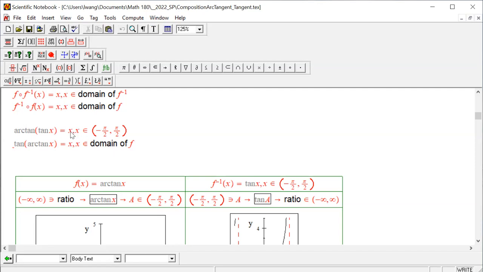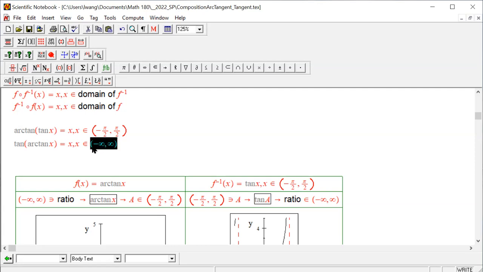So even though they're both called x, they are totally different in meaning. We've been addressing this for sine, cosine, and now it's for tangent. These two properties apply because these two functions are inverse to each other.